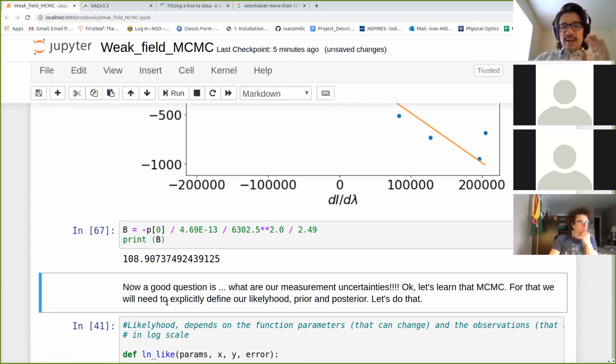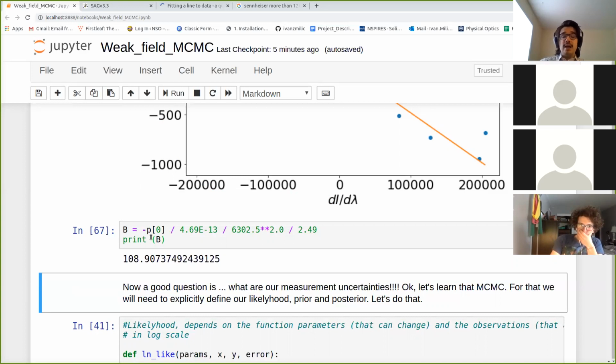What I want to move on to is a little bit more serious and thorough way to do these things. In principle, we have now measured the magnetic field, but I have no idea what my uncertainties for the magnetic field are. I haven't taken into account, for example, the errors in my measurement, the noise in my Stokes V. If this is a very linear function, there is only one best fit, but if I use something more complicated, there was no way for me to spot whether there are multiple solutions, whether some parameters are degenerate, and so on.